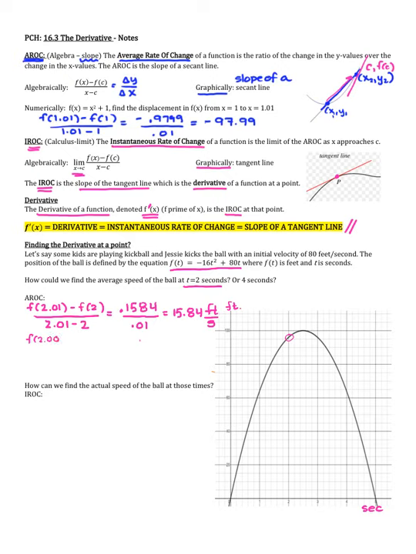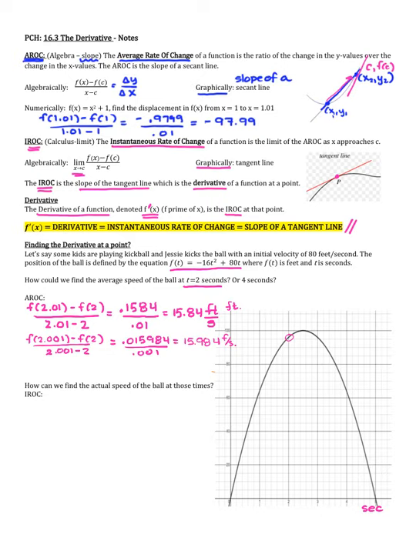So I could go f of 2.001 minus f of 2, and then we would divide that by 2.001 minus 2. That would give me now 0.015984 divided by 0.001, 15.984 feet per second.